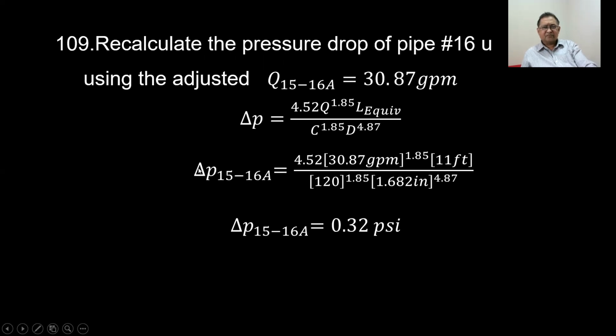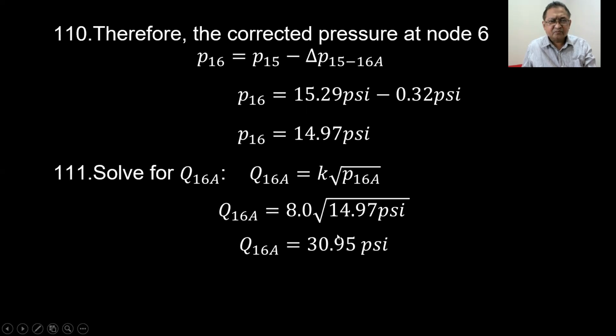And using that value, we now solve for the pressure drop of pipe number 16 using the Hazen-Williams equation, and P sub 15 to 16 adjusted is 0.32 psi. And again, we are going downstream, so we subtract the pressure drop of 0.32 from the pressure at node 15.